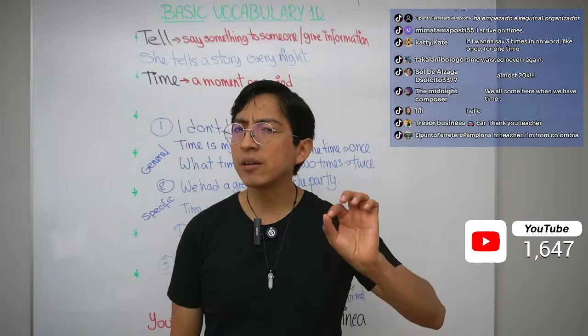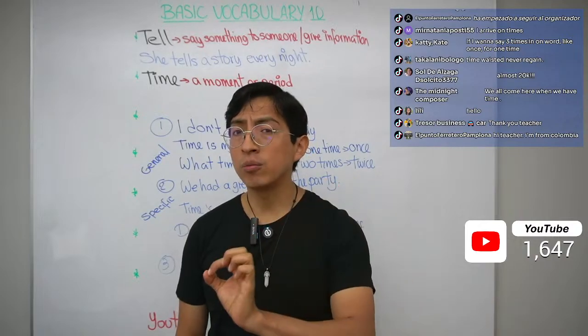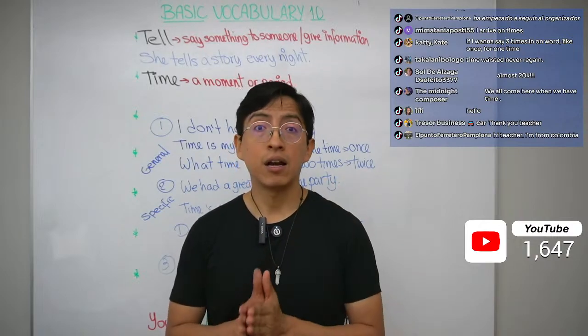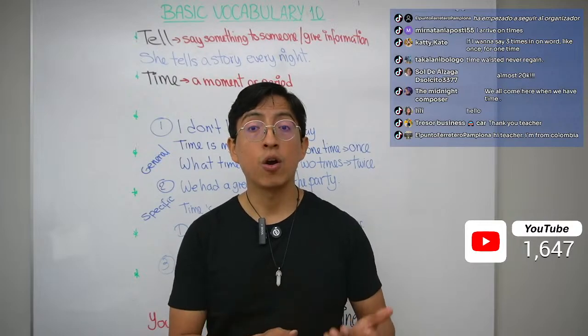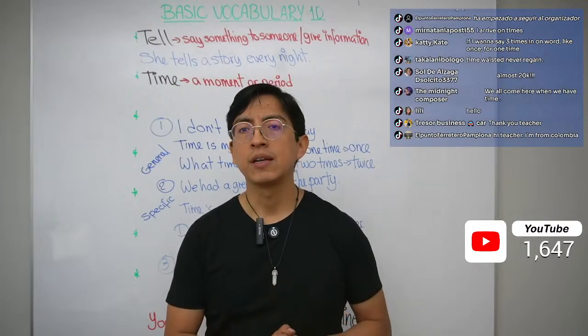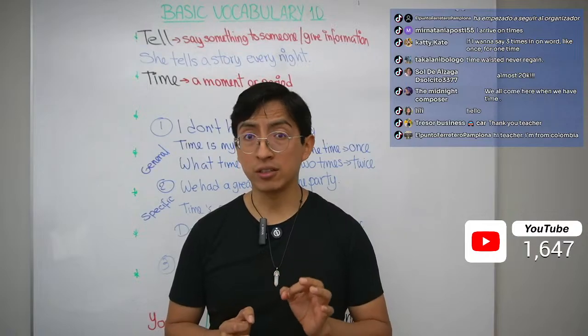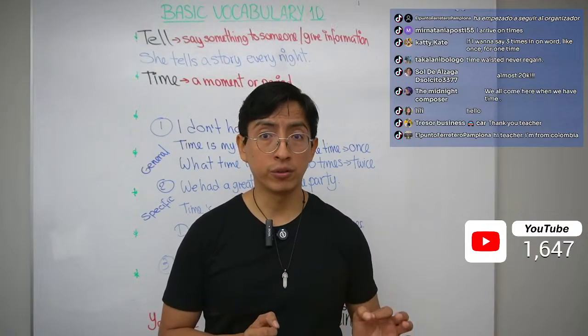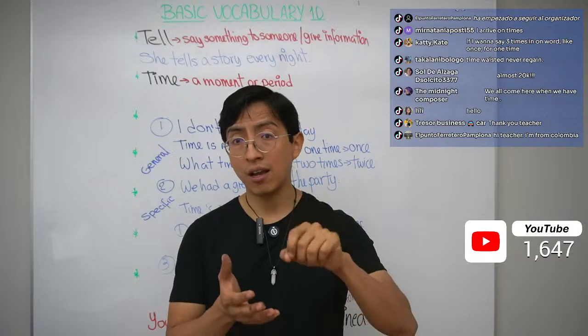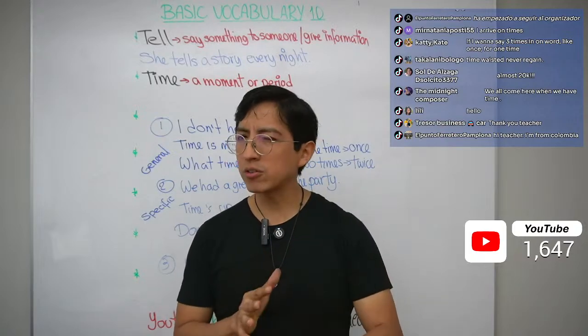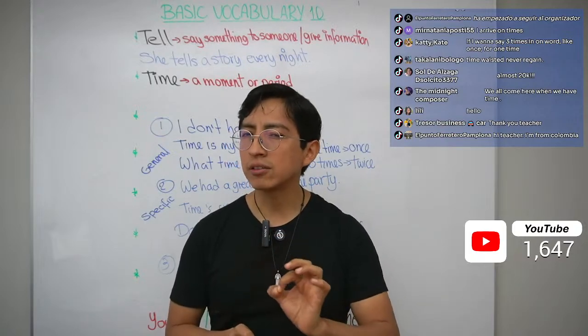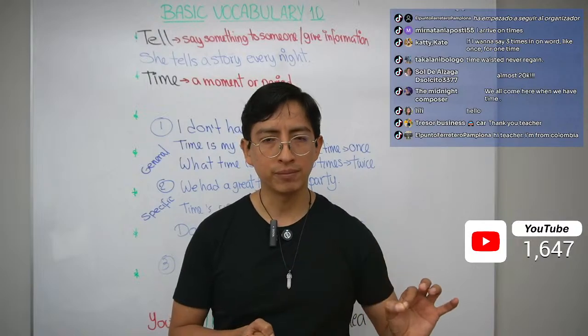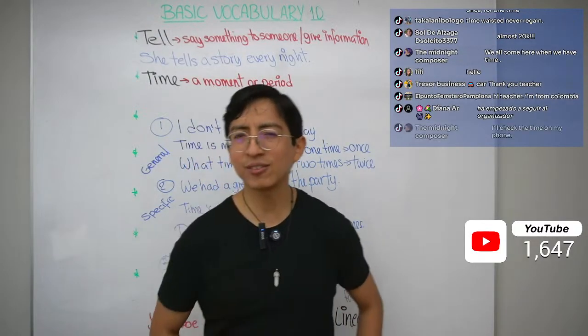Okay, I'll check the time on my phone. I'll check the time on my phone. Check the time on my phone. Listen and write. Okay, one more time. I'll check the time on my phone. Okay, 10 seconds to write it down.